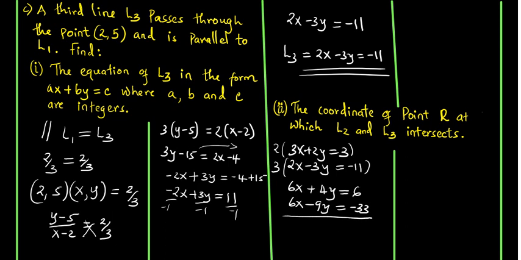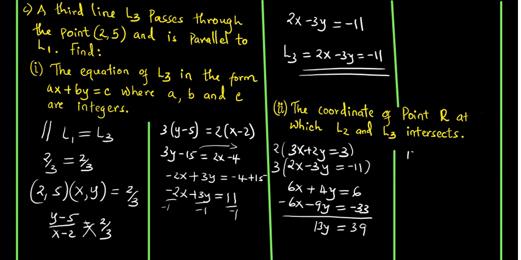Now, since the two coefficients for x are equal, subtract to eliminate x. 4y minus negative 9y will be 4y plus 9y, which is 13y, equal to 6 minus negative 33, which is 6 plus 33, the same as 39.